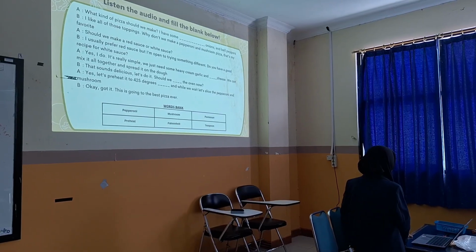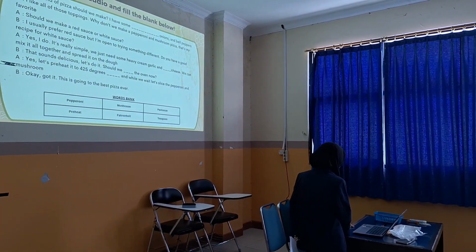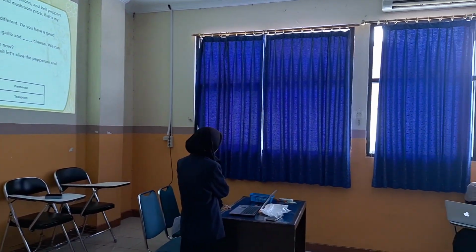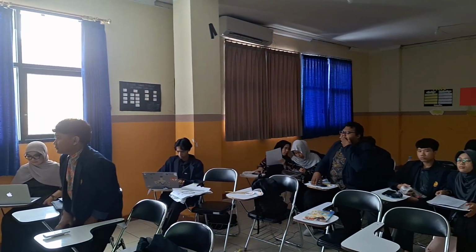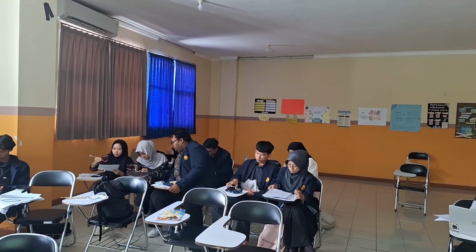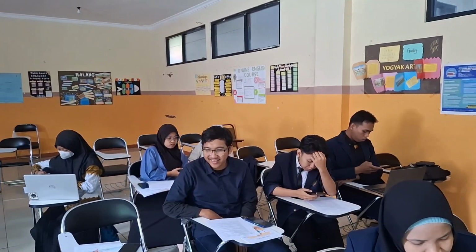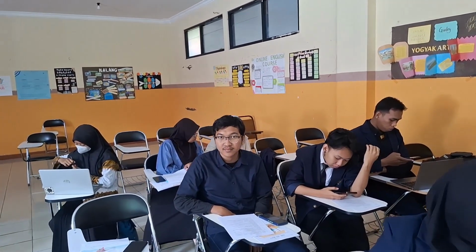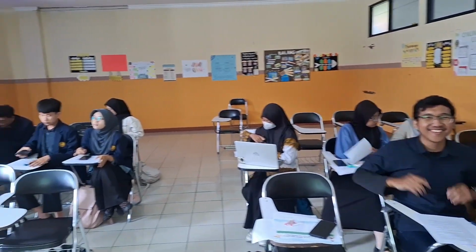It's really simple. We just need some heavy cream, garlic, and Parmesan cheese. We can mix it all together and spread it on the dough. That sounds delicious. Let's do it. Should we preheat the oven now? Yes, let's preheat it to 425 degrees Fahrenheit. And while we wait, let's slice the pepperoni and mushrooms. Okay, got it. This is going to be the best pizza ever.